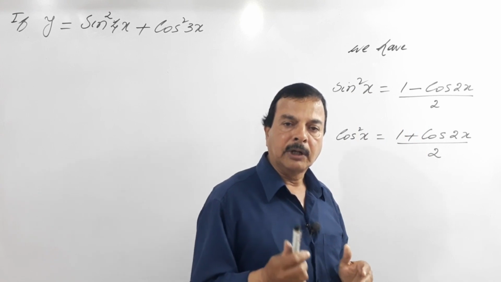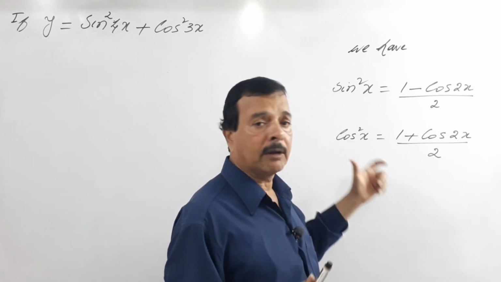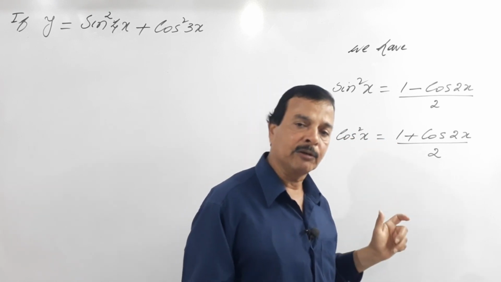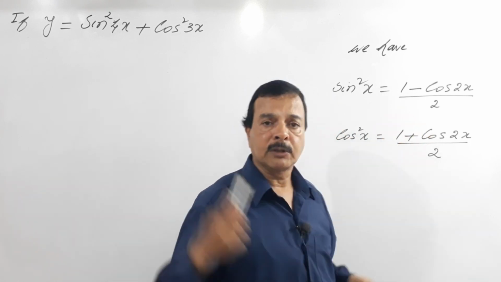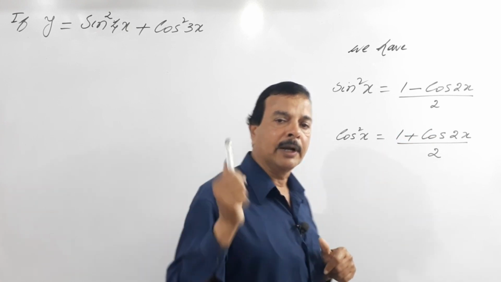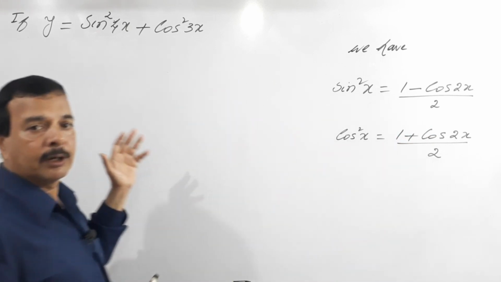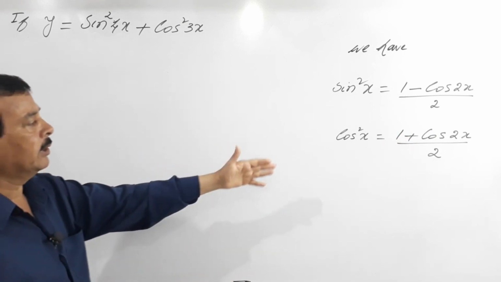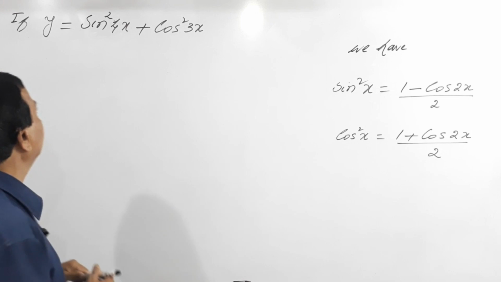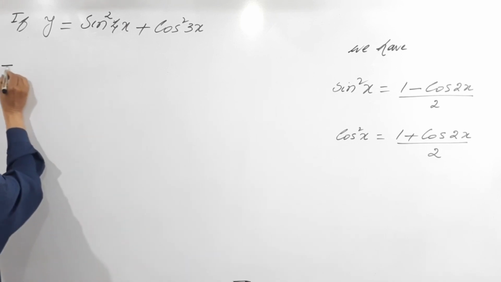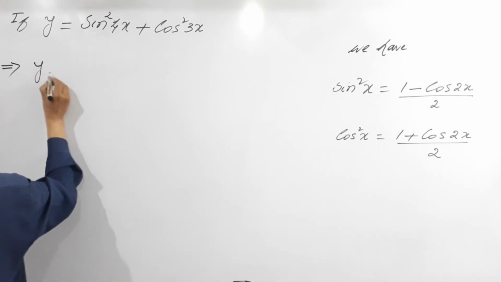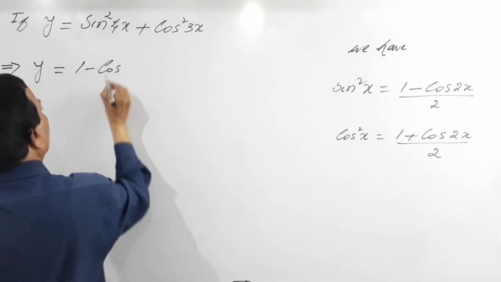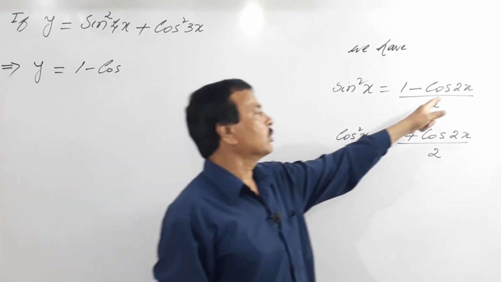So the important part of this is the trigonometric formulas, which you have to memorize. We are going to apply this concept here and try to solve this problem, and later on we'll use the technique I'm going to teach you. So I'll substitute this formula here to solve this problem. What happens here, this becomes y equals 1 minus cos, here we have cos 2x.